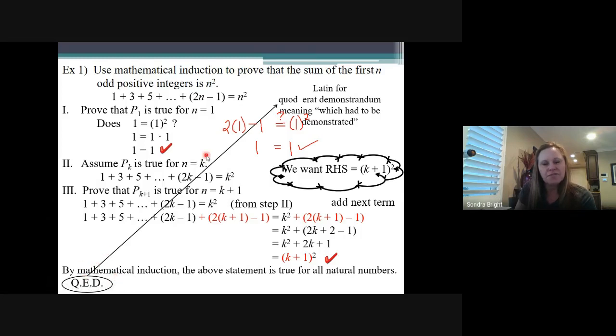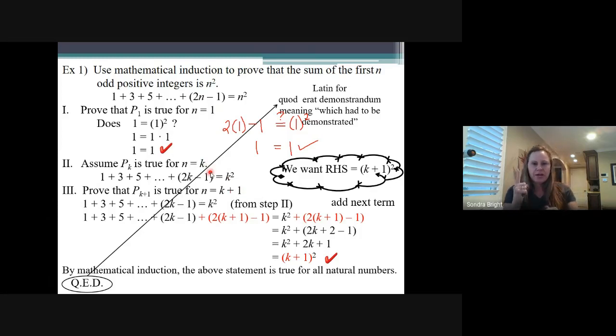All right, one other thing that I'll just point out is that the way math induction works is, remember, we proved it was true for when n equals 1. We assumed it's true for just when n equals k, and then we proved that if it's true for n equals k, then it certainly is true for n equals k plus 1. So what that means is it's like a domino effect.